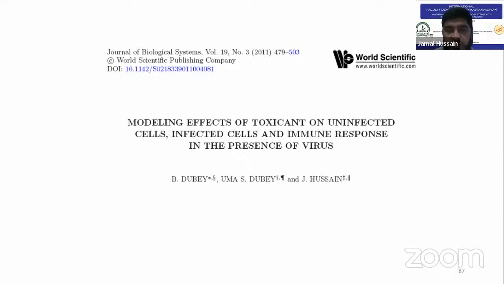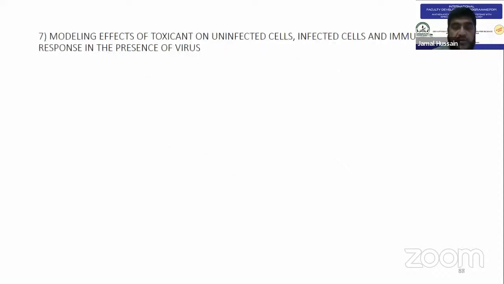So I think it is in a species, the effect of toxicant on various types of cells, and there is a presence of virus. So some cells may be uninfected, some may be infected, and what will be the immune response due to the virus? So it is on that aspect. So let us see the model.